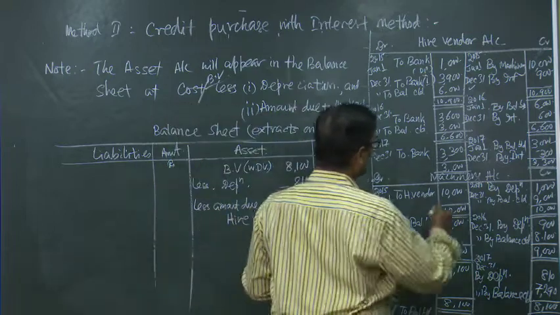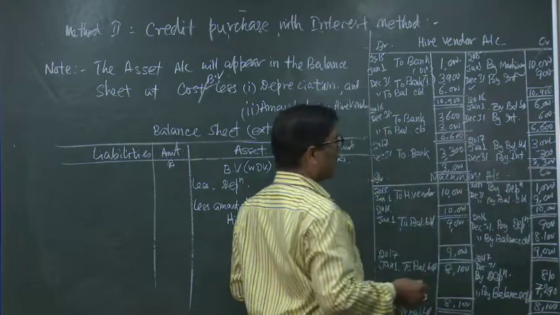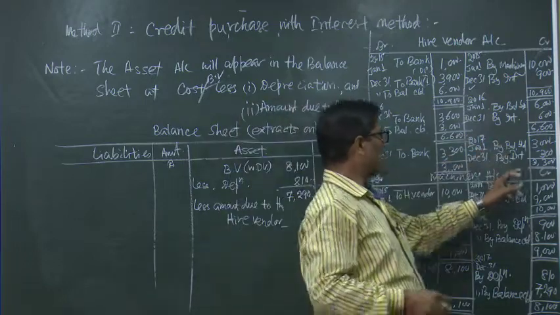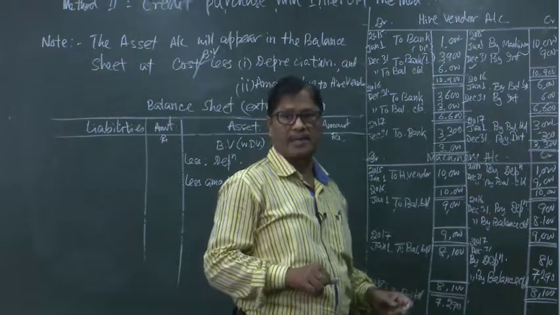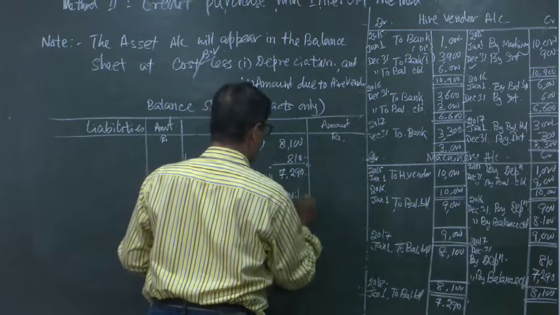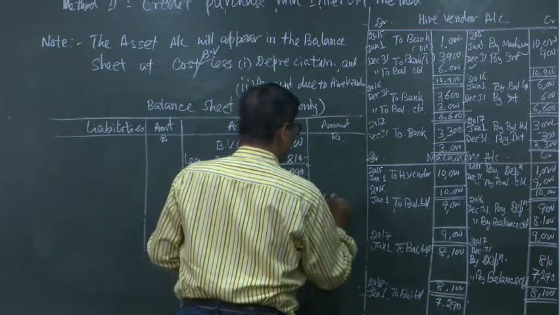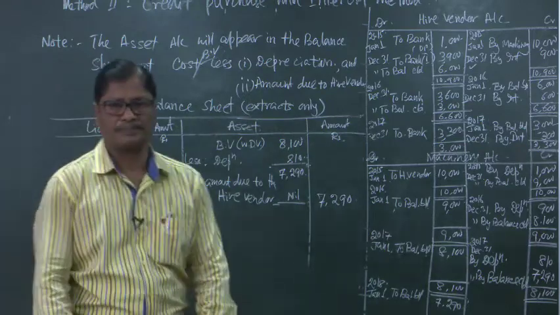What is the amount due to the hire vendor? Nothing. In the last year, it was 3000, along with interest it was 3300, and we paid 3300. So, there is no balance left. So, nil. It will be 7290.